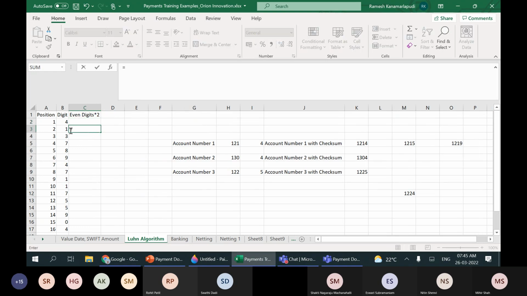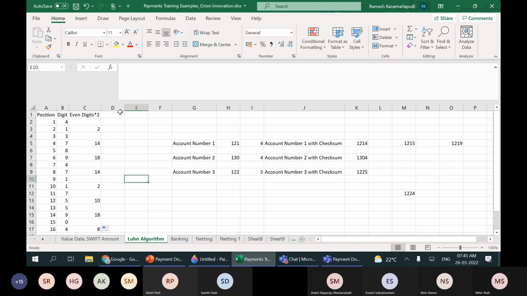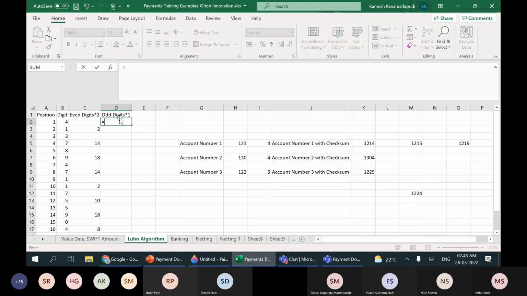And the odd digits remain the same, actually multiplied by 1. Multiplying by 1 is the same, right?